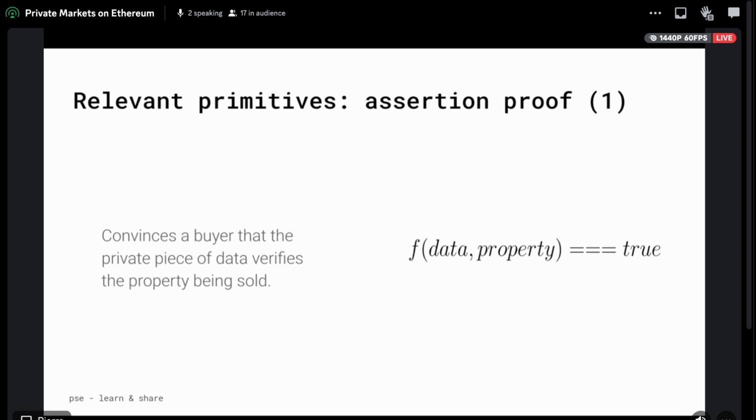So the thing here that we do is we run some function that takes as an input some piece of data, some property that we want to verify about that piece of data, and we basically add a constraint that checks that this function returns true. And so when you do that assertion proof, you are basically convincing a buyer that the private piece of data that you are selling verifies the property that is being sold.